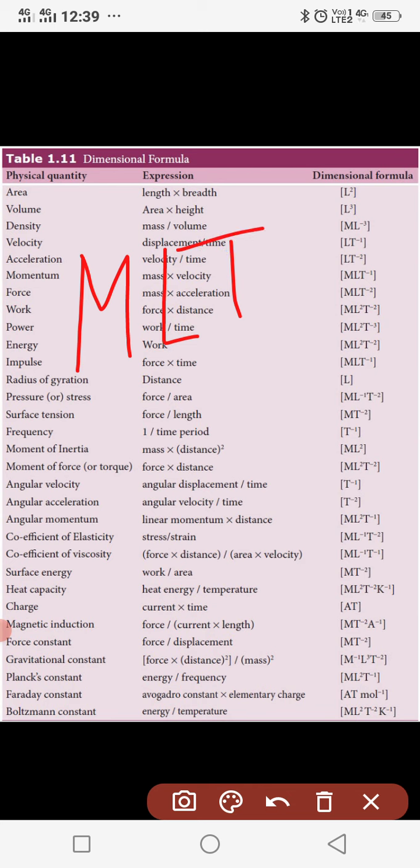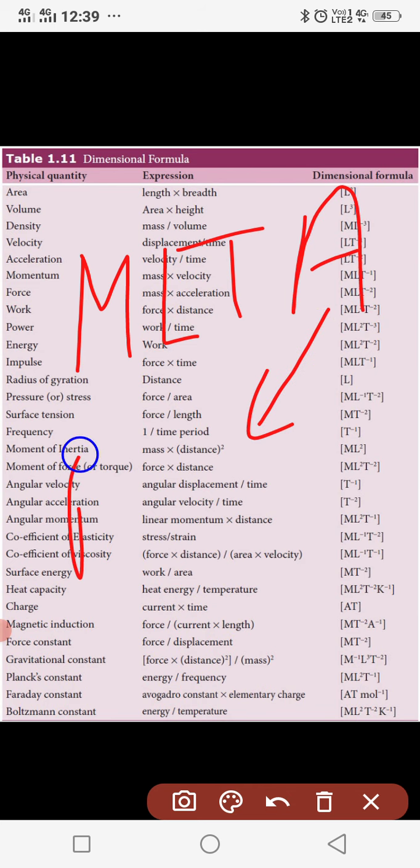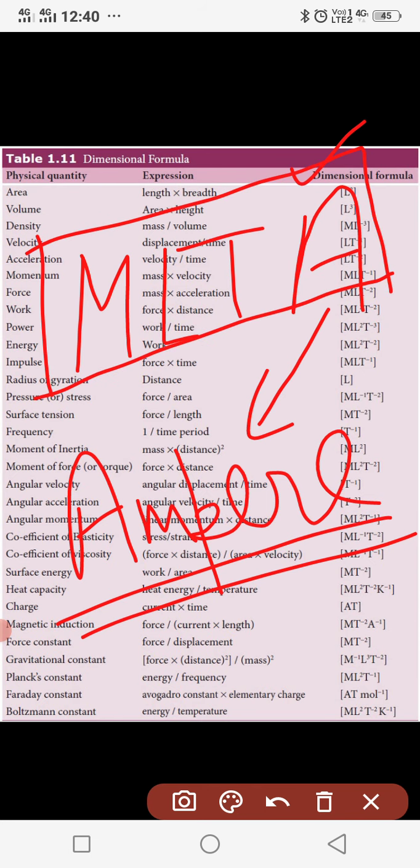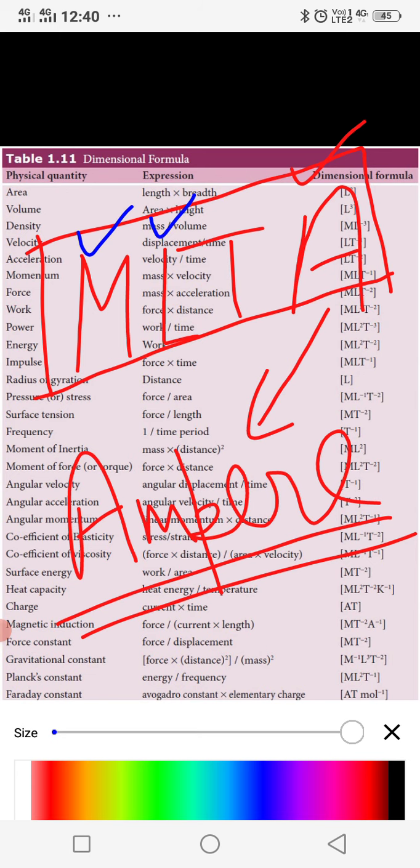But we are writing it in terms of one more quantity, that is A. Here A means ampere, the dimensional formula of current. Everyone knows that ampere is the SI unit of current and its dimensional formula is also written in terms of A. Similarly, when we are writing the dimensional formula of current or other quantities related to current, there will definitely be the physical quantity A. So the dimensional formula will include all these letters M, L, T and A, meaning mass, length, time and ampere.